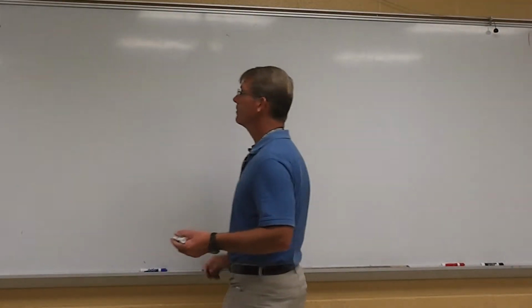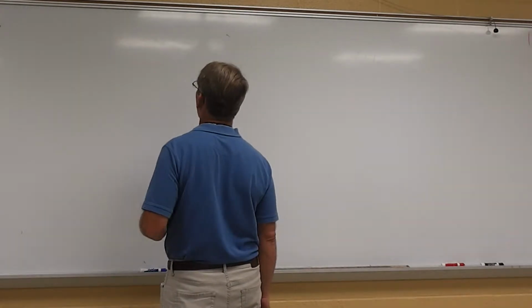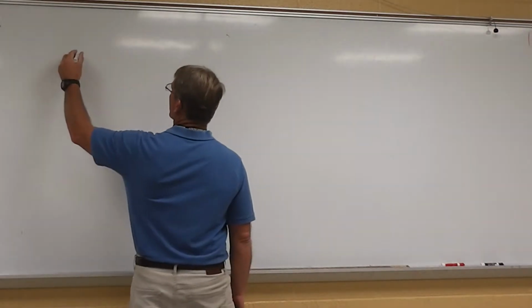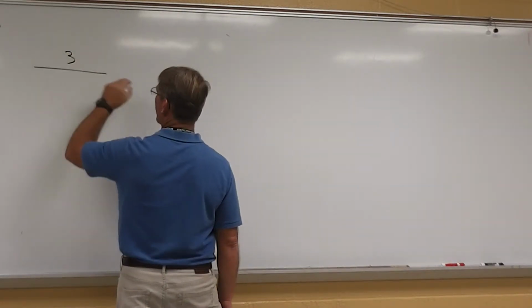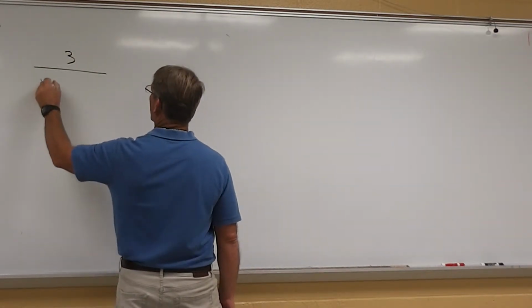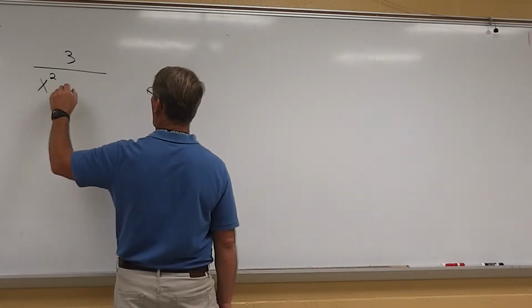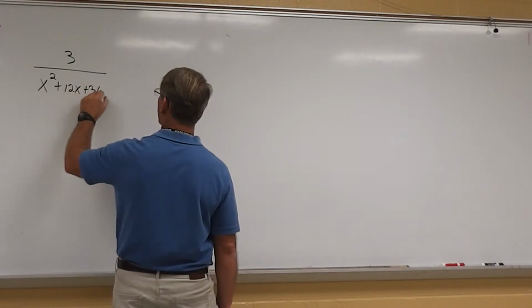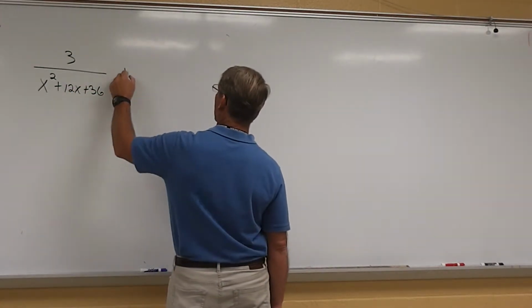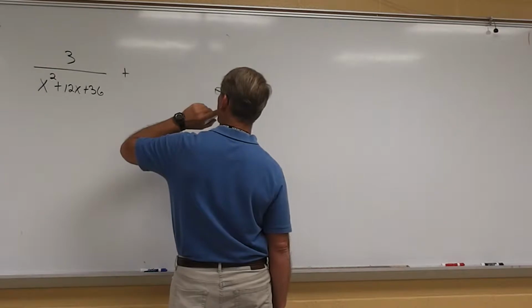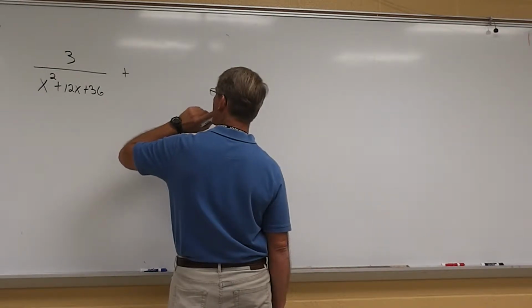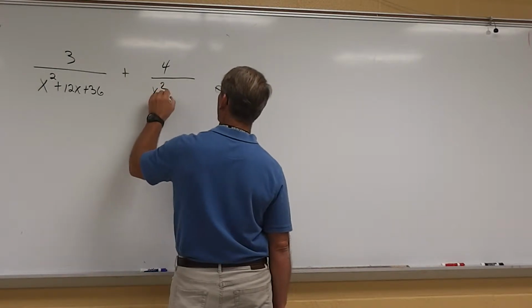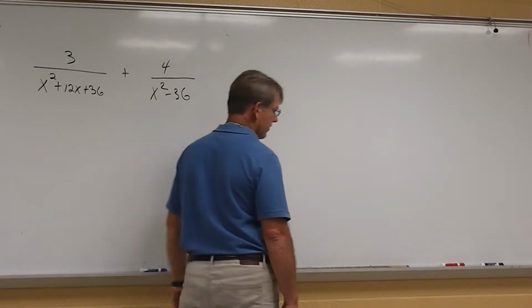Let's see that now. So how about we take something like 3 over x squared plus 12x plus 36, and add to that 4 over x squared minus 36.